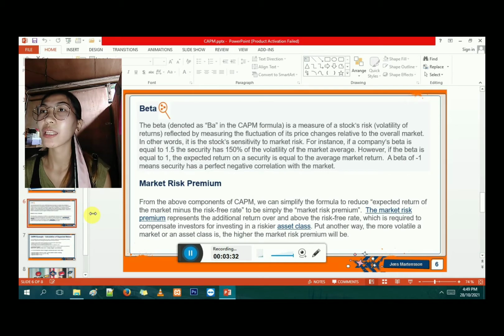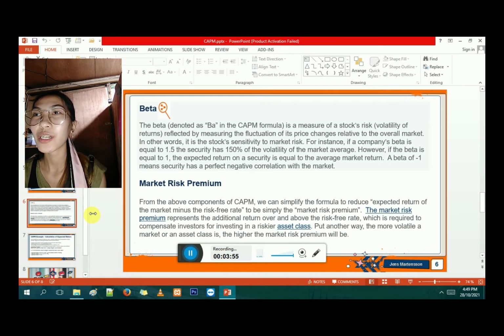And for beta, denoted as BA in the CAPM formula, it is a measure of a stock's risk or volatility of returns, reflected by measuring the fluctuation of its price changes relative to the overall market. In other words, it's the stock's sensitivity to market risk.